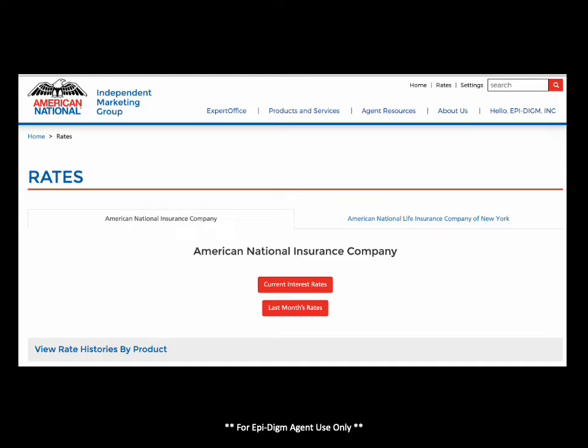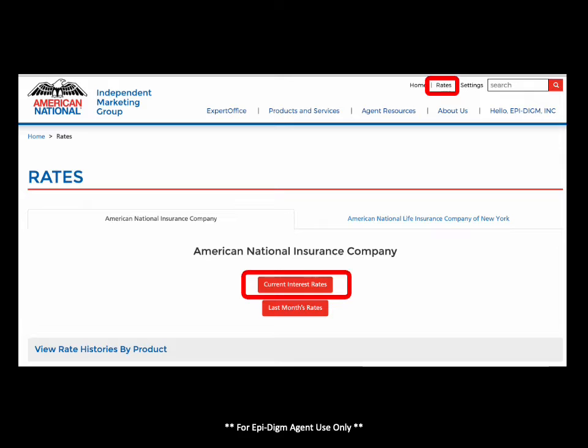Go to American National's company site from Epi-Digm.com, click on companies and click on American National. You'll see this page and you click on rates on the top right corner. Then click on rates and click on current interest rate.